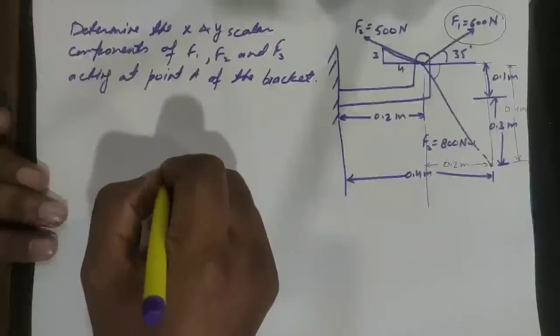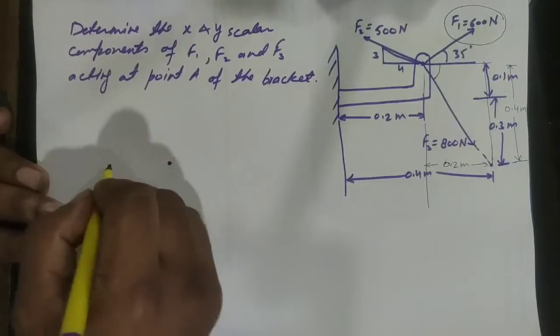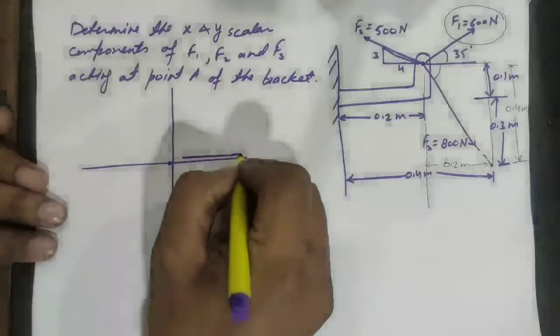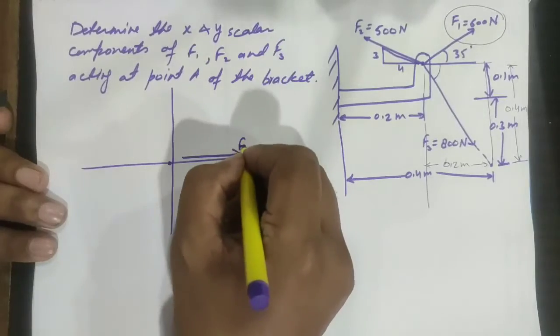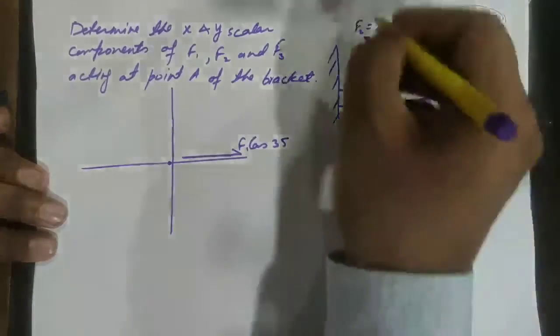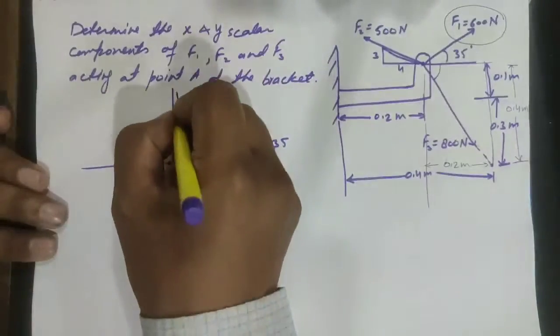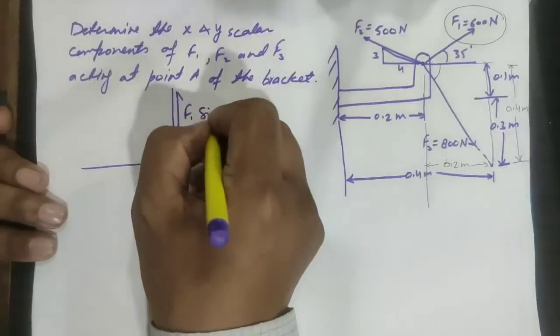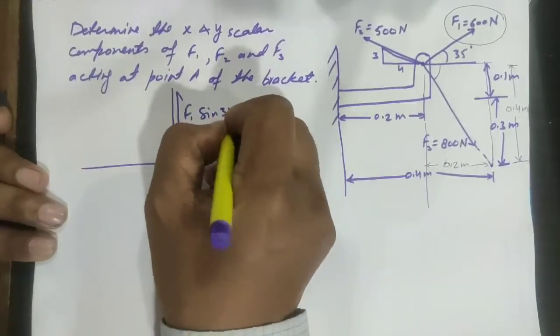Considering the point as the coordinate origin, we split the force into F1 cos 35 as the horizontal component, and the vertical component F1 sin 35.